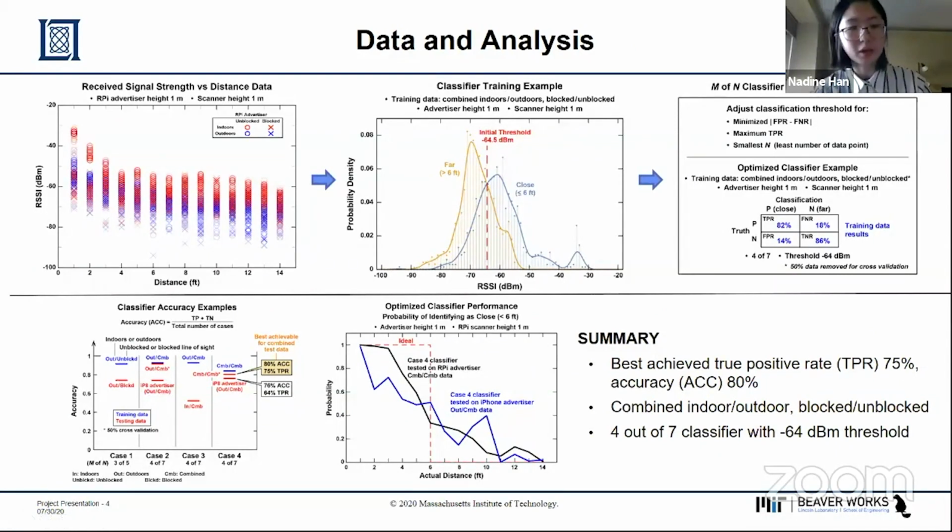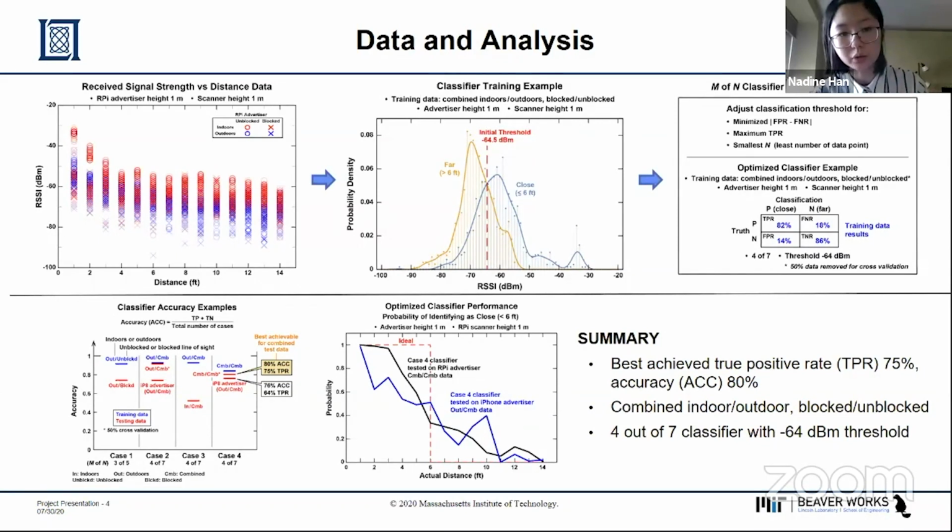Great, awesome. So after taking all these measurements, I decided to plot them out to see how the RSSI distribution went. If you note in the first graph at the top on the very left, there's the entire raw data distribution. I omitted orientation and height because I decided to isolate for distance being inside, outside, unblocked and blocked just for this specific data analysis, but I will address it in the next slide.